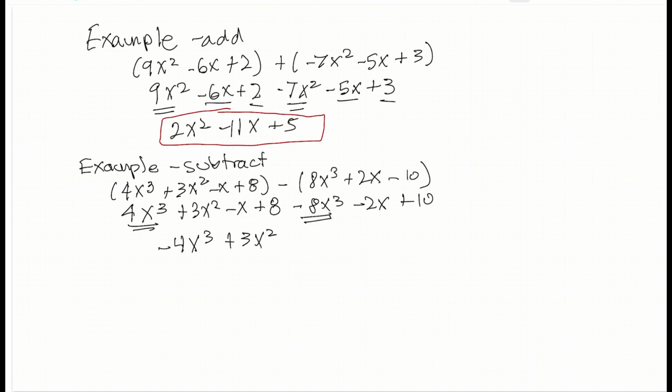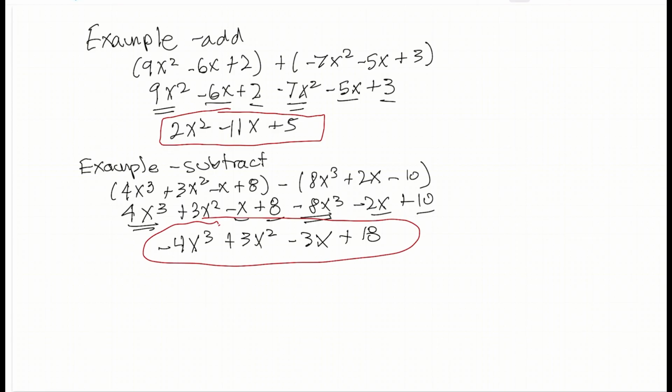So that is going to be minus 3x. And then 8 plus 10, that's going to be plus 18. So there's going to be our answer for the subtraction of those two polynomials. We're going to get minus 4x cubed plus 3x squared minus 3x plus 18.